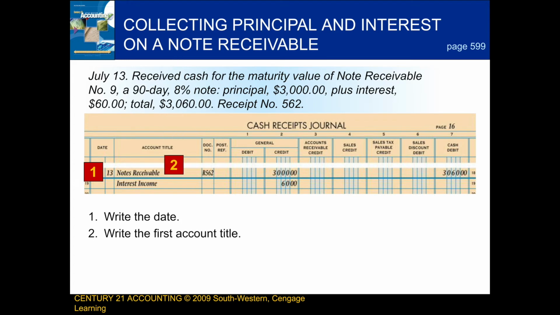After that, we write the receipt number, which is R562, in the document number column. Following that, we write the principal amount, which is $3,000, in the general credit column.